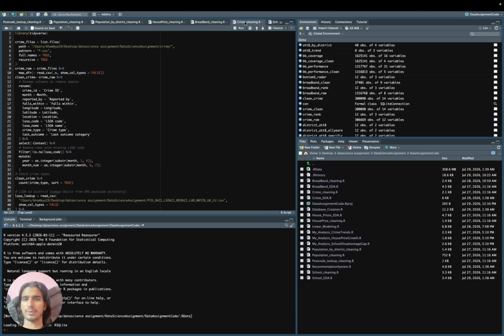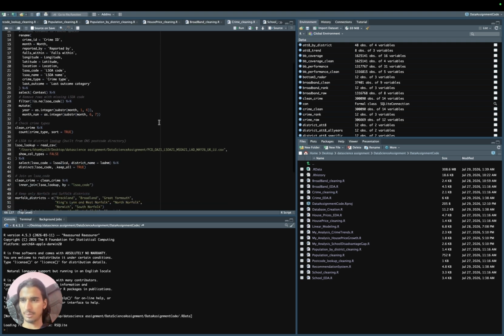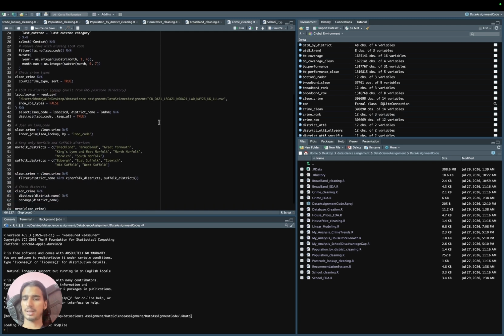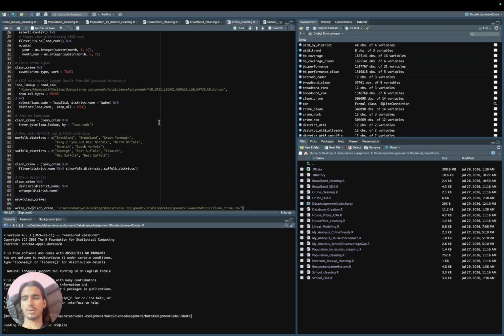And for the crime cleaning, it needed the most work since it comes as separate monthly files from the dataset. I combined all of them into one dataset, removed incomplete records, and again matched everything to a district using the lookup.